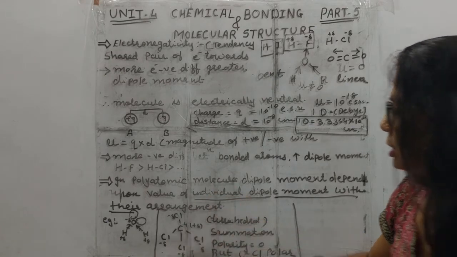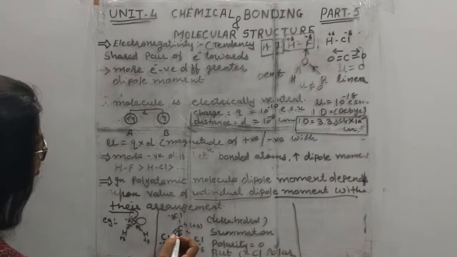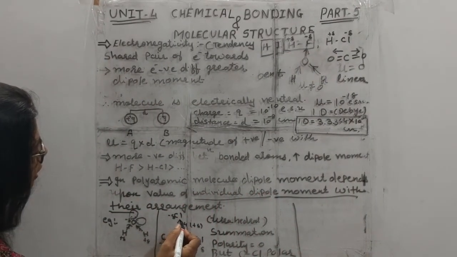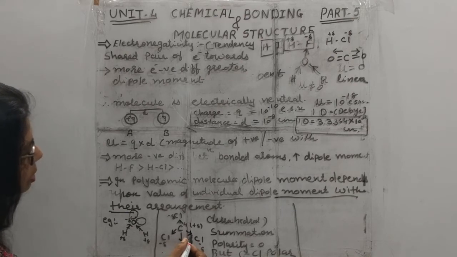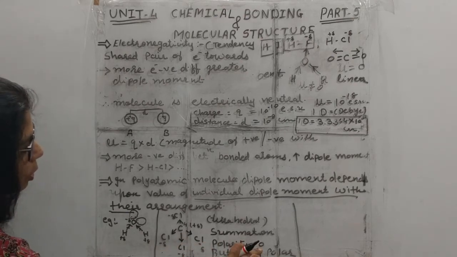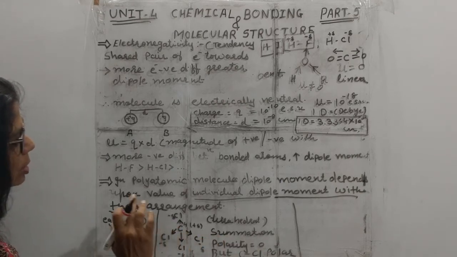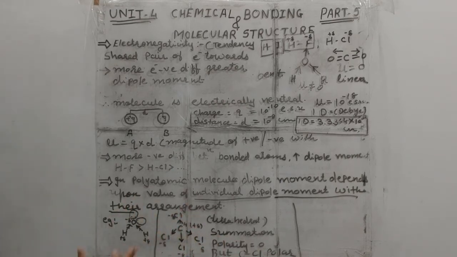Now here also, chlorine is more electronegative, so this chlorine attracts the shared pair of electrons, this chlorine also attracts the shared pair of electrons, this also and this also. So that's why the value of mu will be 0. Why? Because it becomes electrically neutral by attracting the shared pair of electrons.